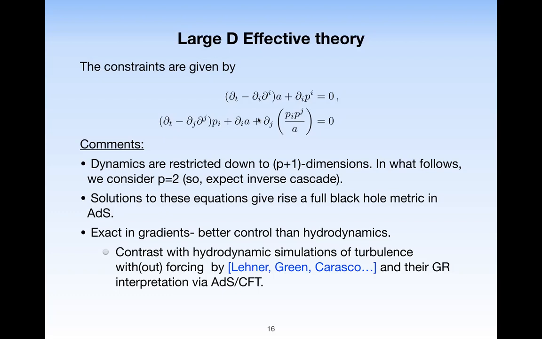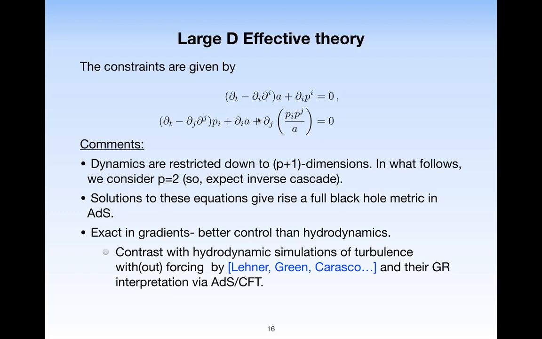It is true that the system becomes non-relativistic. It's compressible though. Yeah, sure. But still, what you get out of this is black holes, fully back-reacted if you want, black holes at leading order in 1 over D. No, of course. So that's okay.